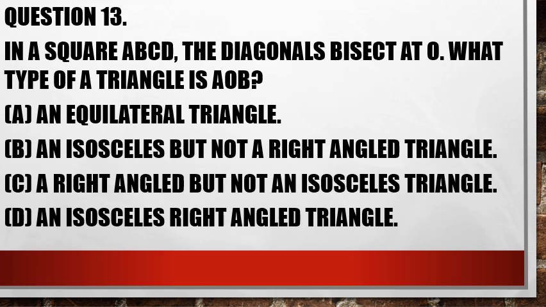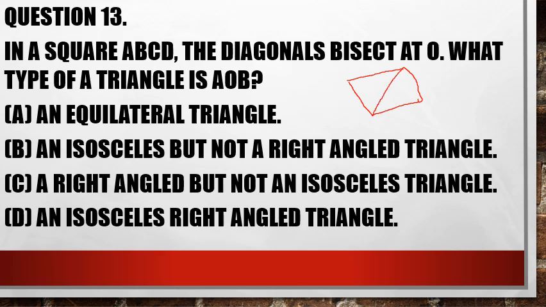In a square ABCD, the diagonals bisect each other at O. What type of triangle is AOB? Let us draw a square. Okay, let it be a square.